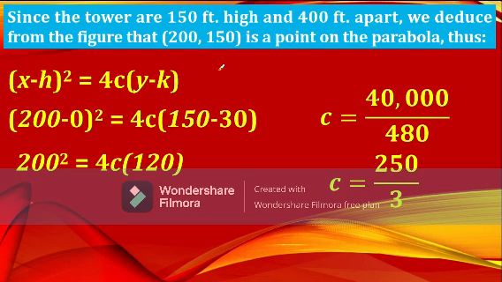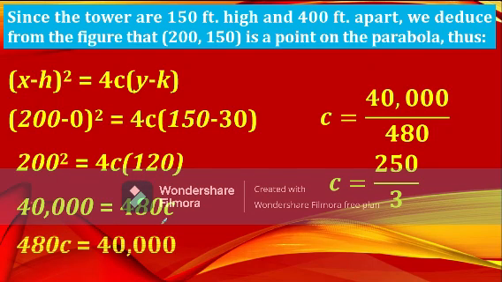Our y is 150 minus 30. Then 200 squared is equal to 4c times 120, since 150 minus 30 is 120. Then 40,000 is equal to 480c. Then 480c is equal to 40,000. C is equal to 40,000 over 480. C is equal to 250 over 3.